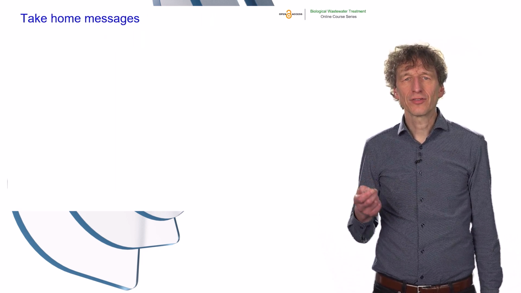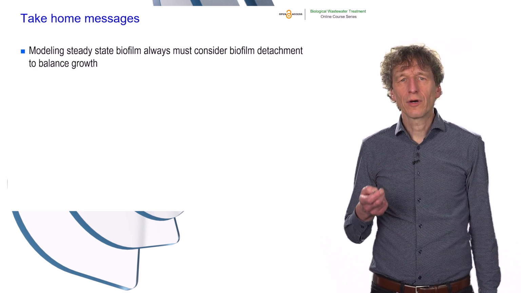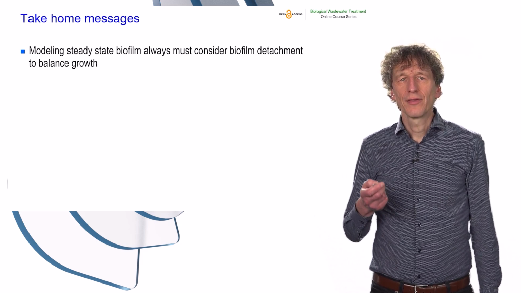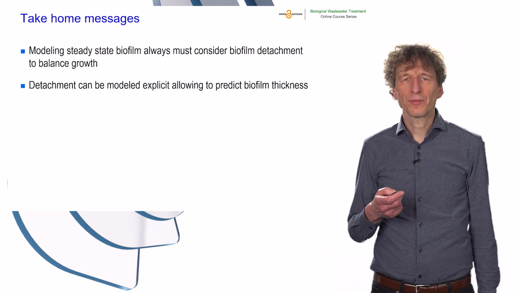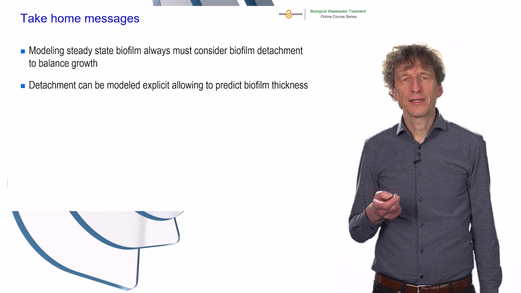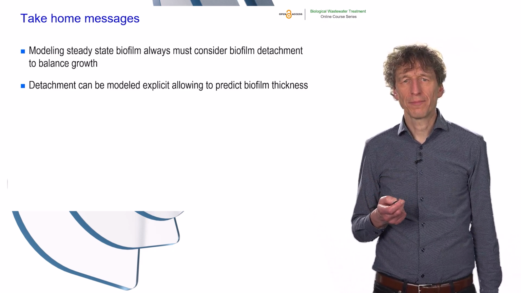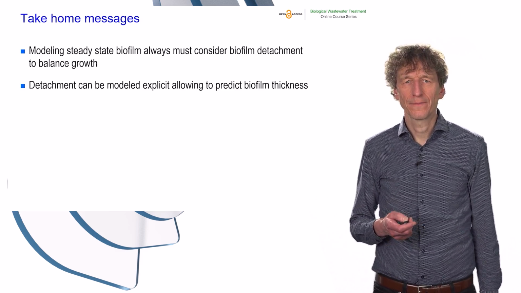So the take-home messages from this module are the following. Biofilm modeling always considers biofilm detachment. This can be done explicitly, assuming a detachment rate expression. This is resulting in a constant biofilm thickness as a model output from the balance of growth, decay, attachment, and detachment.